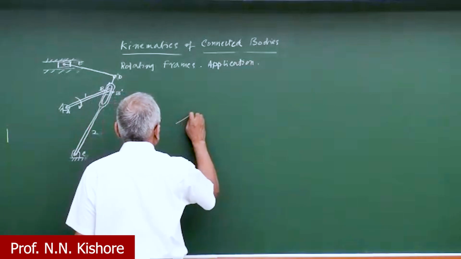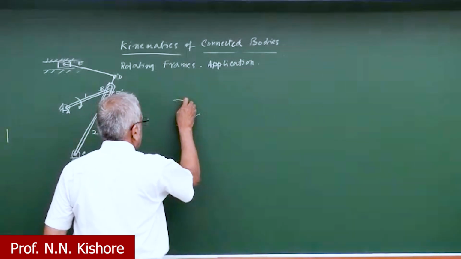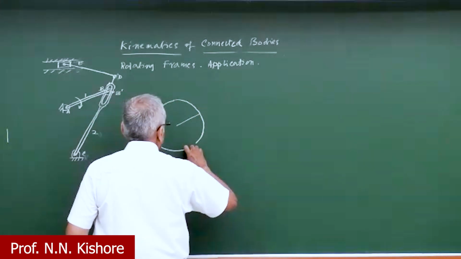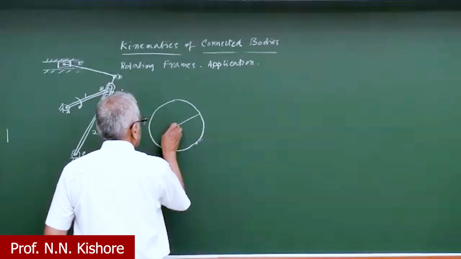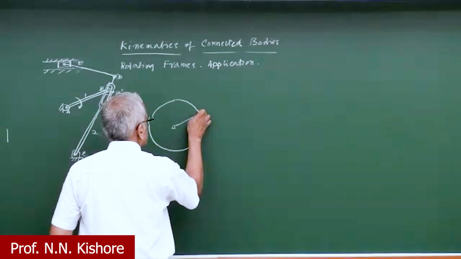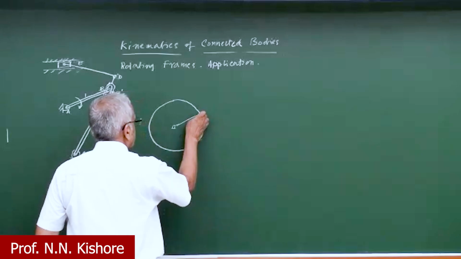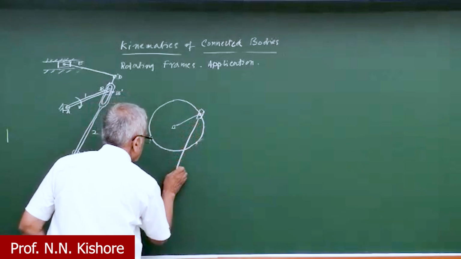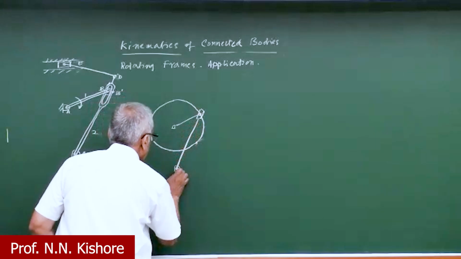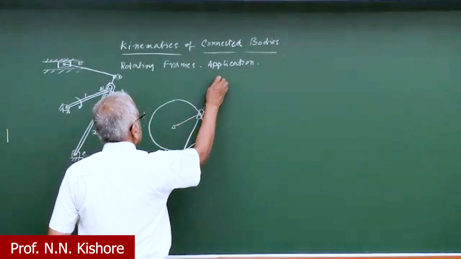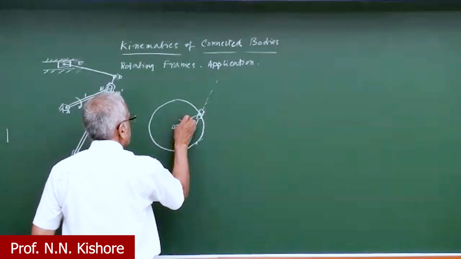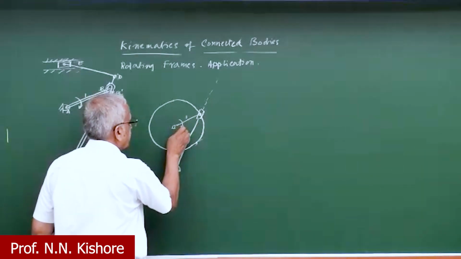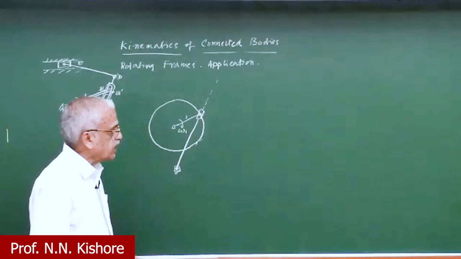So if you look at this one on a smaller scale, see this crank 1, assume that it has a uniform angular velocity omega 1.